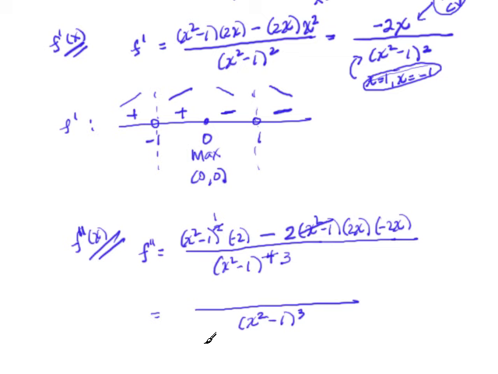And the numerator, just multiplying everything out, simplifies to 6x squared plus 2. All right, so we want to put zeros of the numerator and denominator on the number line. Well, the numerator is never 0.